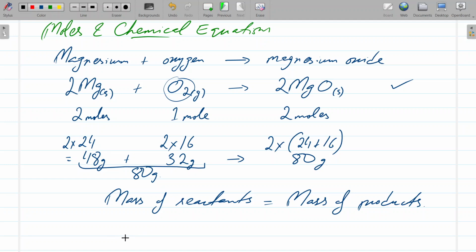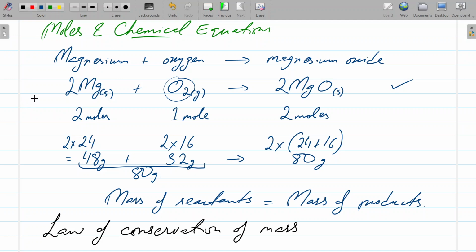Now, the law itself we're not going to detail, but since it's mentioned, it is linked with the law of conservation of energy, which we touched on in physics when we were talking about nuclear fission and fusion. Remember? E equals mc squared.